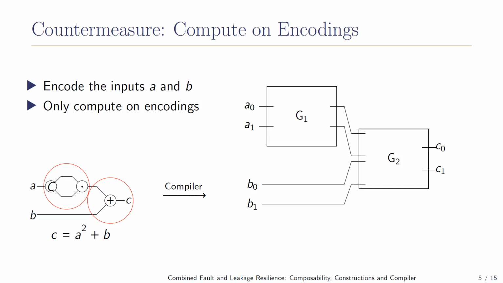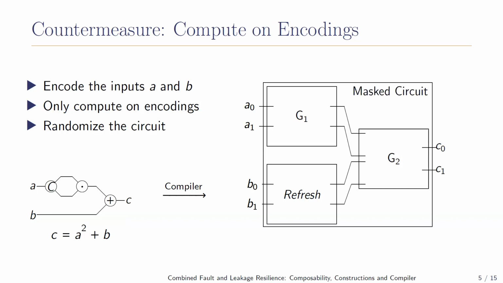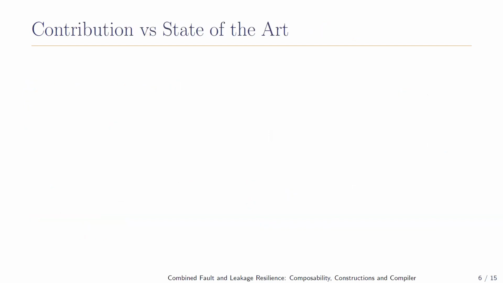We call these sub-circuits gadgets. We can even insert some internal randomness that does not change the functionality of the computation, but re-randomizes the inner computation. Okay, so once I have shown you how to compile those unprotected circuits into protected circuits, I give you some state of the art.